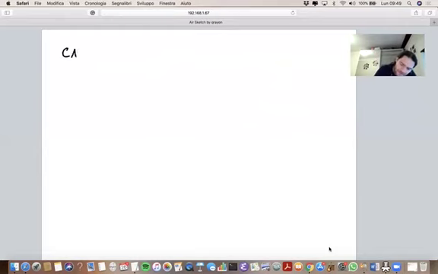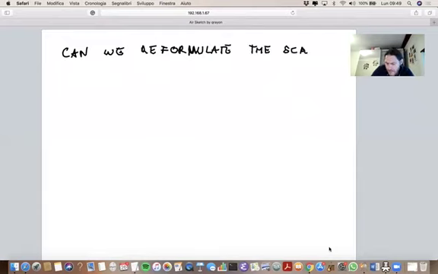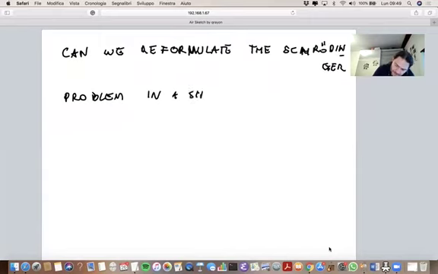So, can we reformulate the Schrodinger problem, and by Schrodinger problem, I mean solving the Schrodinger equation, in a simpler form?